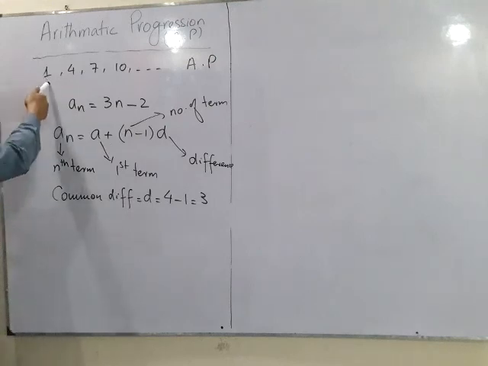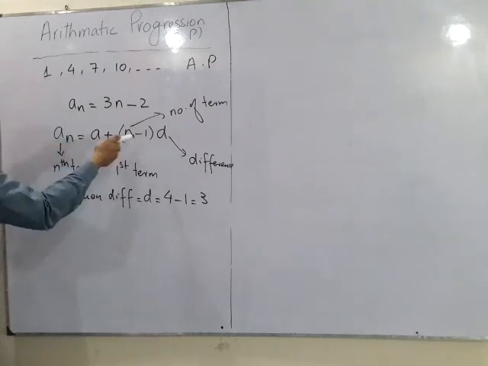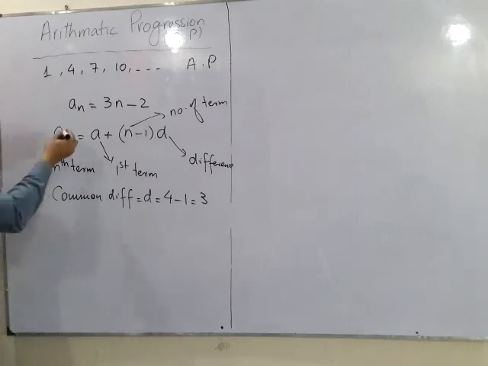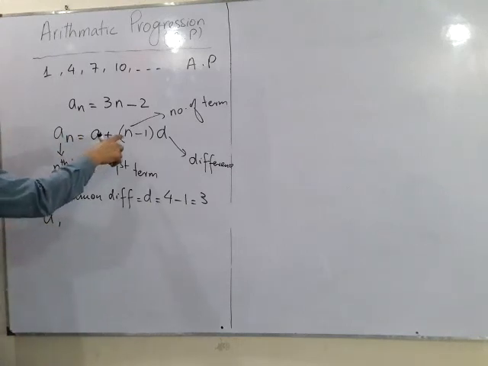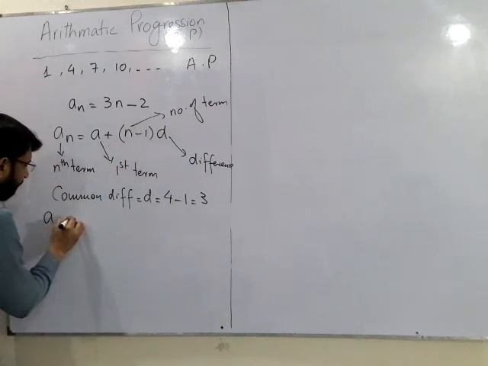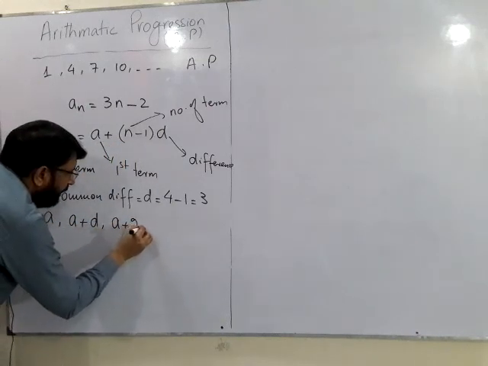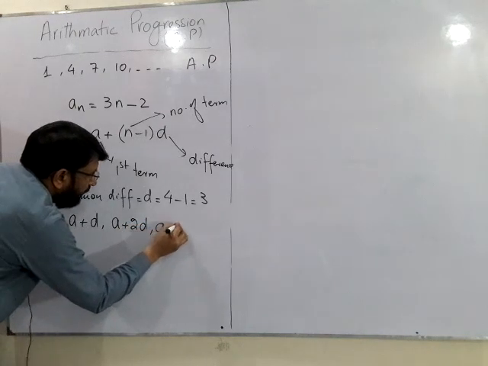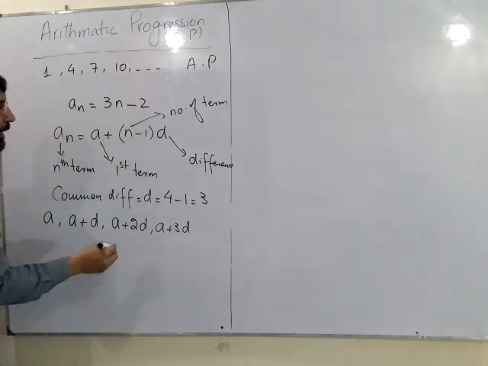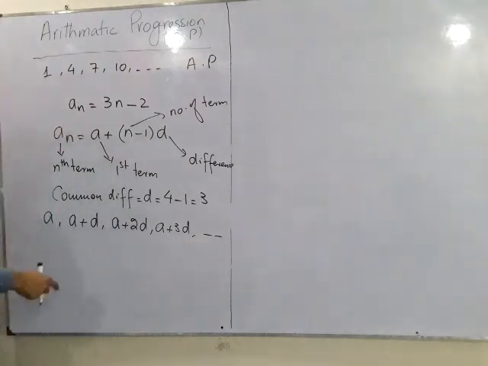Let us see how we write it down. First number is a, when n is 1. Then it is a plus d, the second term, a plus 2d, the third term, a plus 3d, the fourth term, and so on. When we reach the nth value, we get a plus n minus 1 into d.